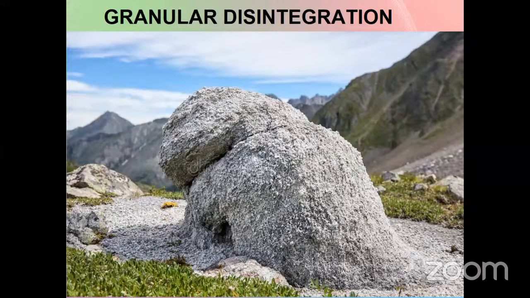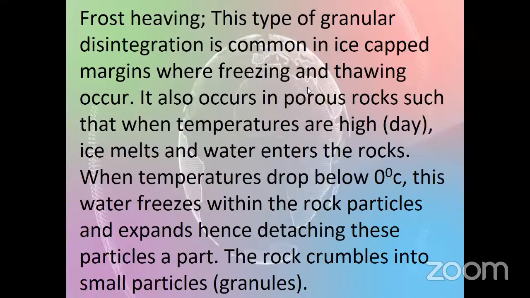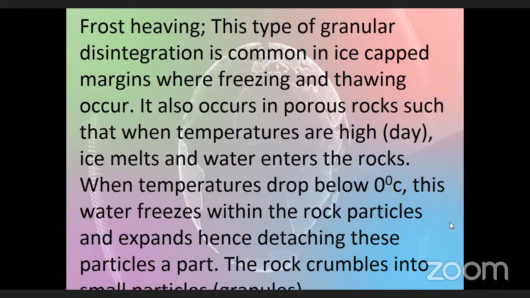Let's look at the second part, frost heaving. Who can read about frost heaving? I will not read anything on this slide. It's you to participate. Vivine, yes, take it on. Okay. Frost heaving. This type of granular disintegration is common on ice-capped margins where freezing and thawing occur.